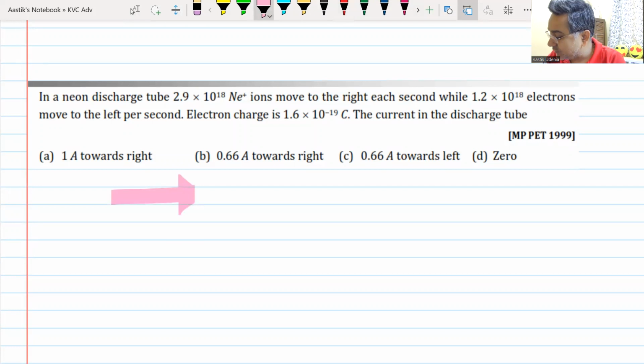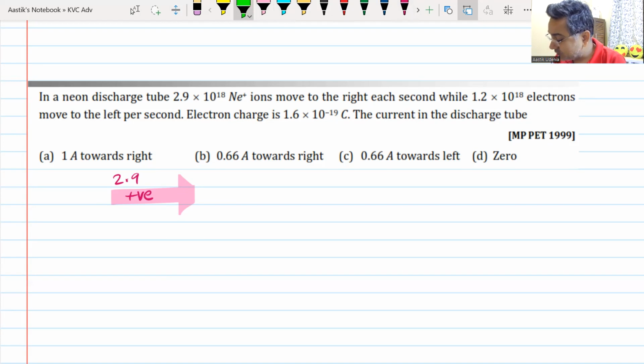Positive charges are moving from here to here. How many positive charges? 2.9 into 10 to the power of 18. Forget about 10 raised to the power 18, because all the answers are in the same unit, so I don't have to worry about the unit.